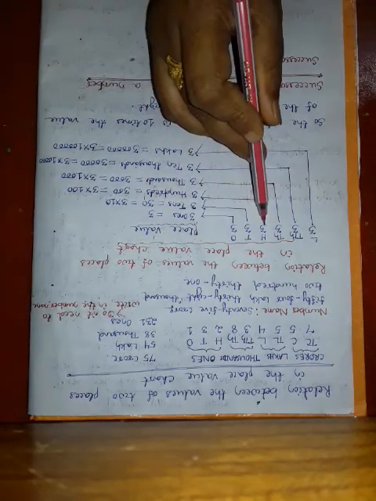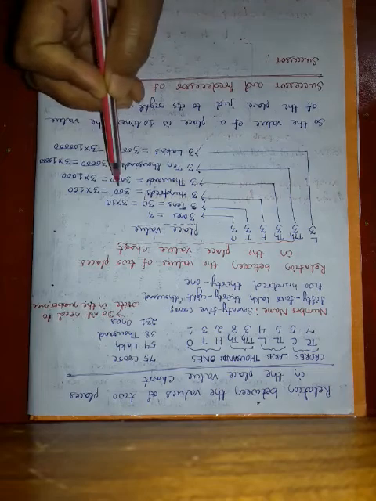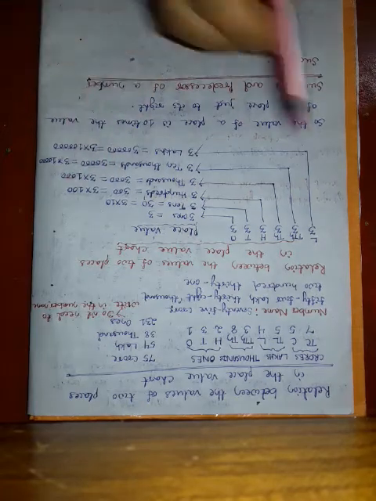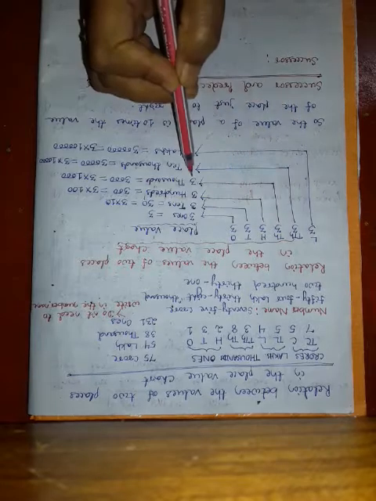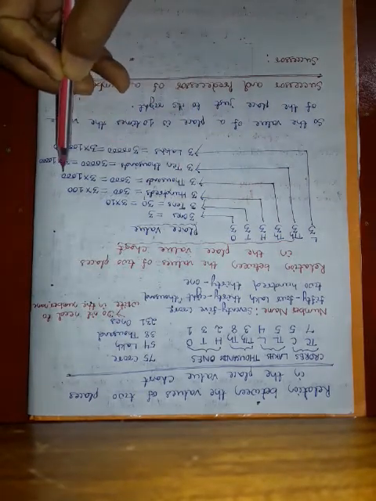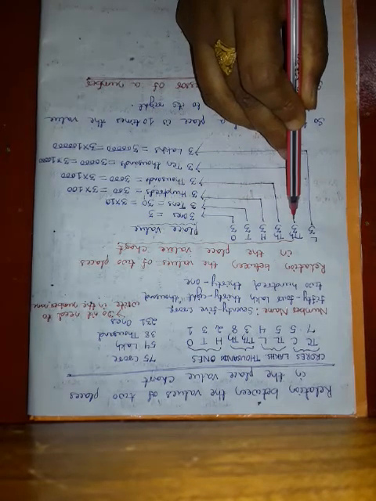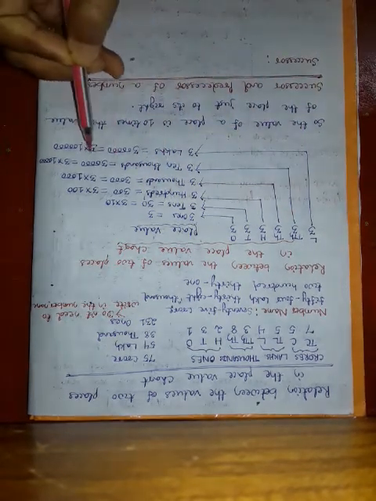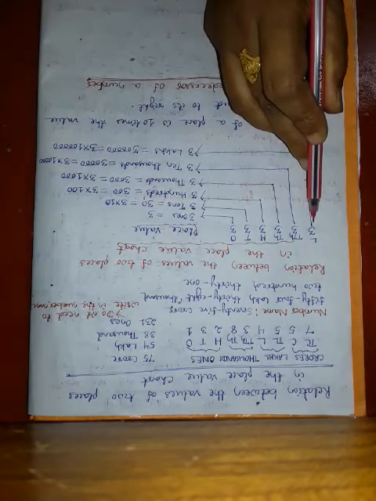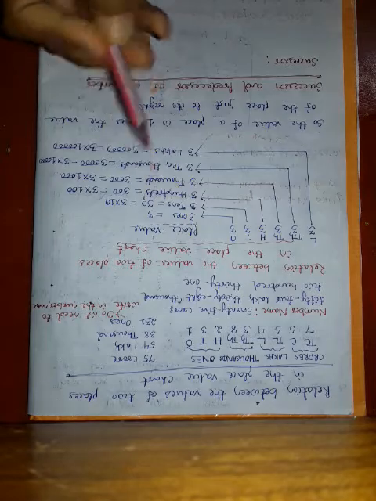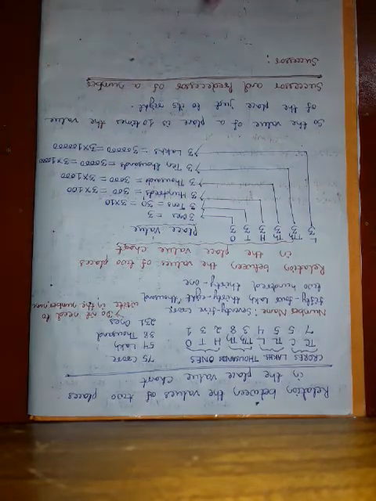This place value is 300, equal to 3 into 100. The place value of this 3 is 3000, 3 into 1000. This 3 has the place value 10,000, that's why 3 into 10,000. And the place value of this 3 is 3 lakhs, 3 into 1 lakh equal to 3 lakh.